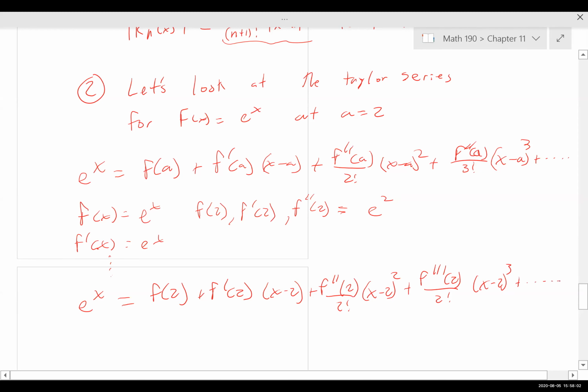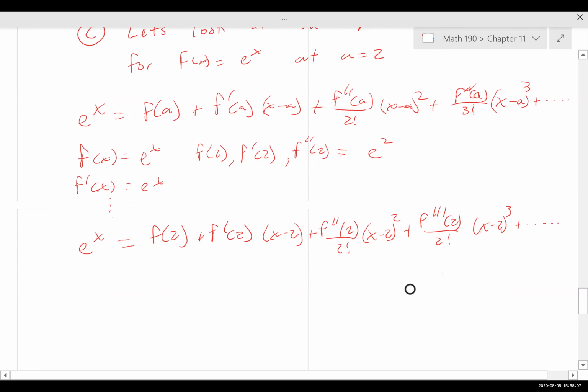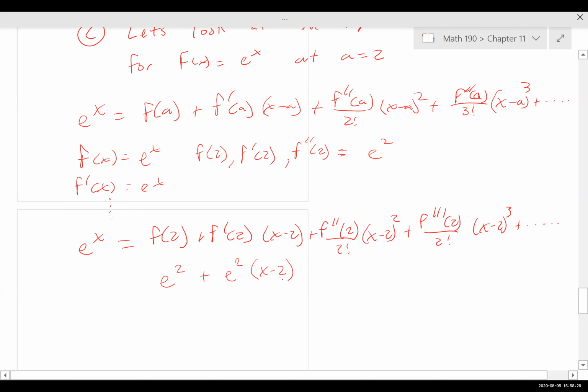So let's look at what the terms are doing in this Taylor series. What is f of 2? That's e squared. That's just the constant. Plus, what's f prime of 2? That's just e squared, so e squared times x minus 2.